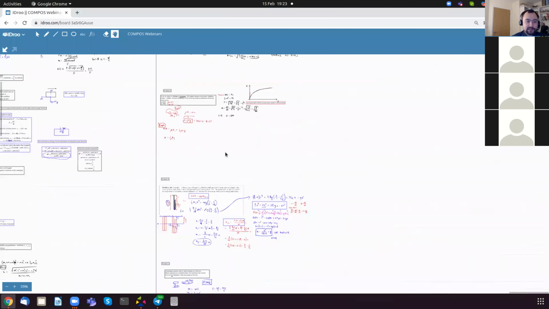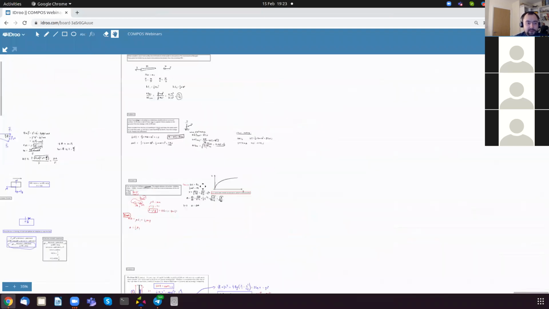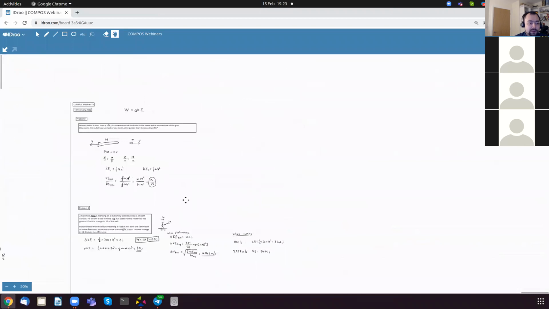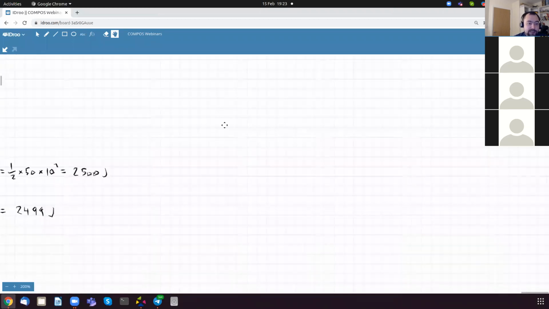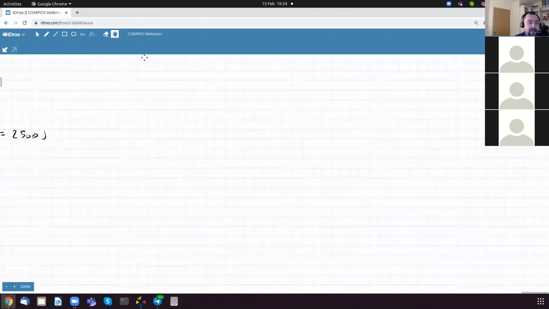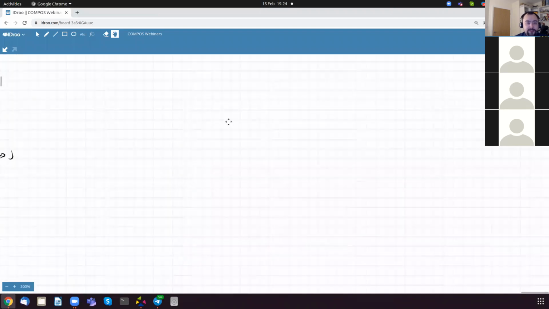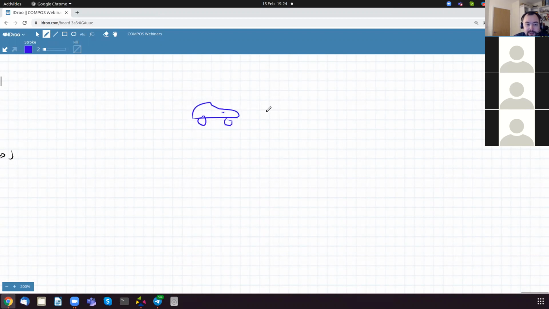There's a whole section dedicated to the kinetic energy. Look, let's say we have a car that goes from standstill to 10 meters per second. So it goes from 0 to 10.